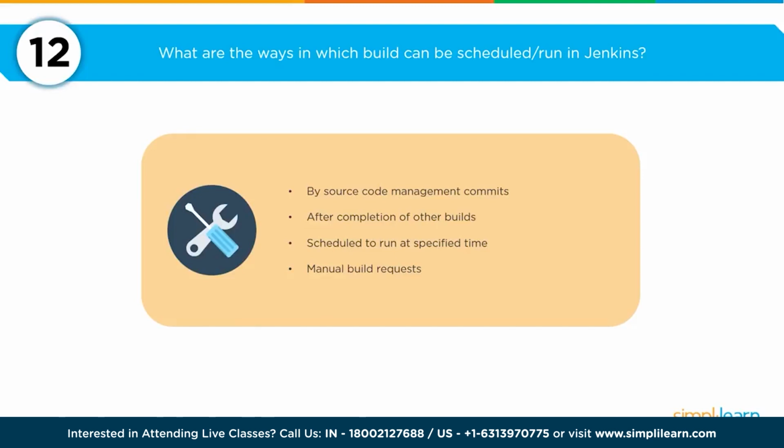So maybe you have multiple builds in your project that are dependent on each other, and when so many other builds have been executed, then you can have Jenkins run. You can schedule builds to run at a specified time. So you may have nightly builds of your code that illustrate the changes in the solution you're building. And then finally, you also can manually build an environment on request.